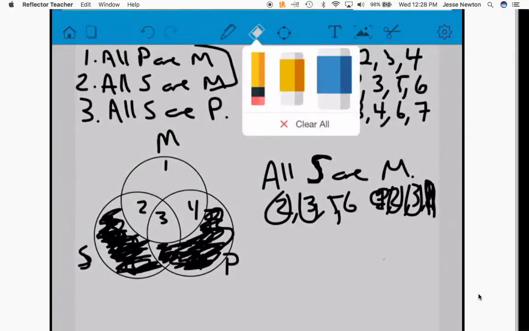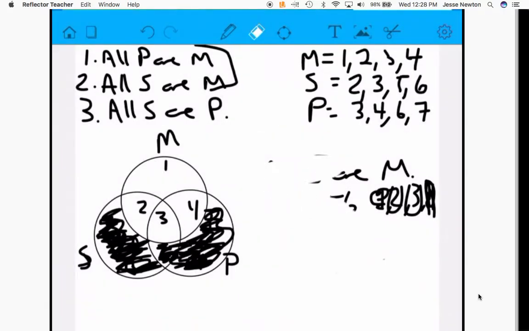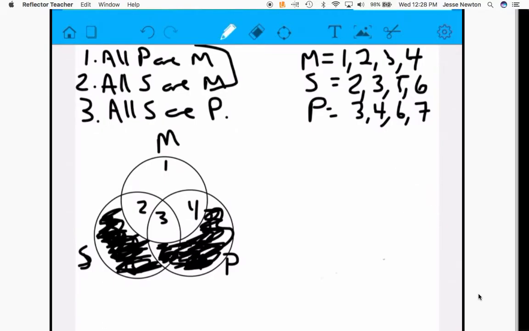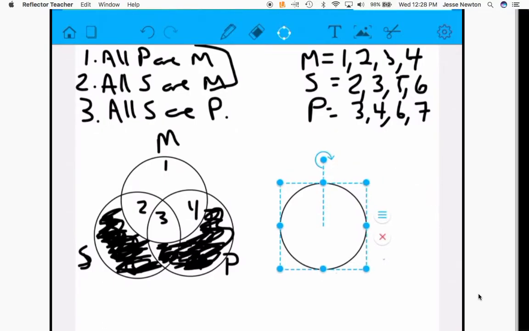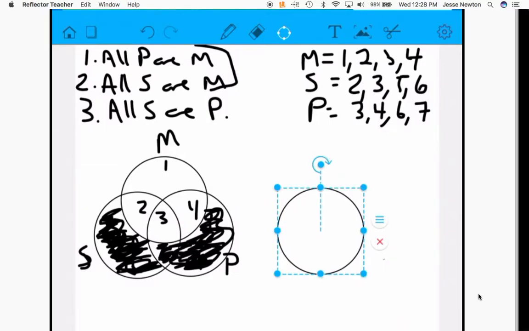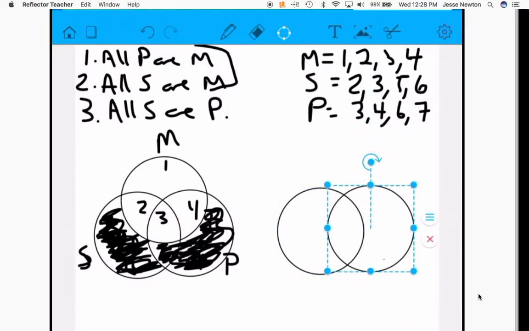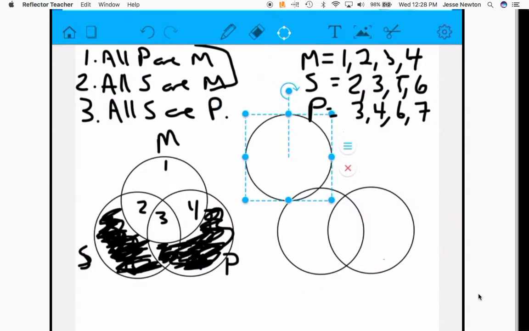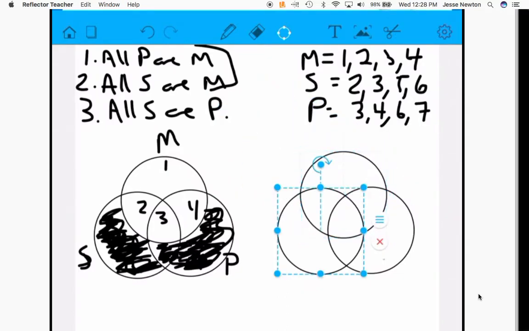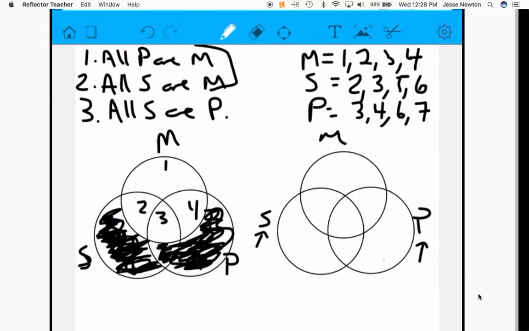Now, we have to move on and diagram the conclusion. And in order to do that, we have to draw another Venn diagram over here. And just as before, S, M, P. Now I should say there's nothing magical about putting S here, P here, and M here.